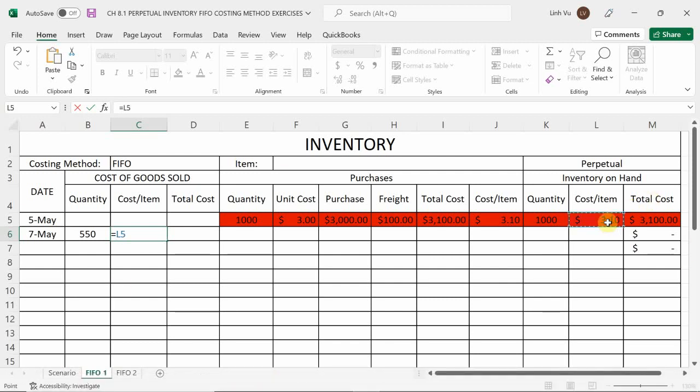Now in this case, what is currently my cost per item? $3.10. $3.10. Okay? So in this case, what is going to be my total cost? Now I'm going to be using my equal round formula.